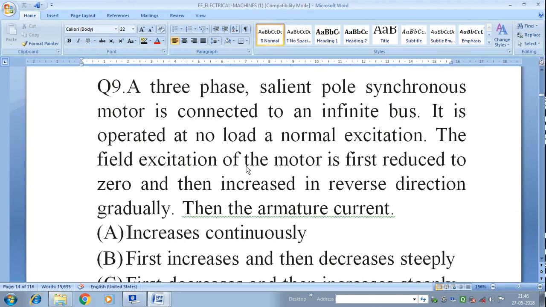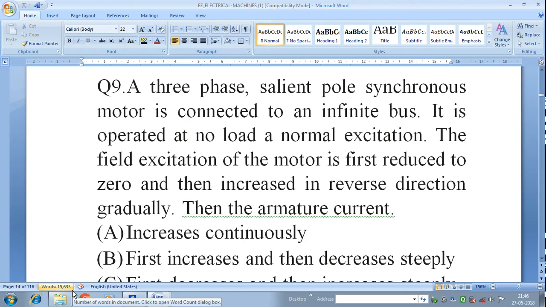So it means when the field excitation is reduced to zero, the back EMF also reduces to zero, and when back EMF is zero, already we know that the armature current IA is equal to V minus EB by the synchronous impedance ZS.